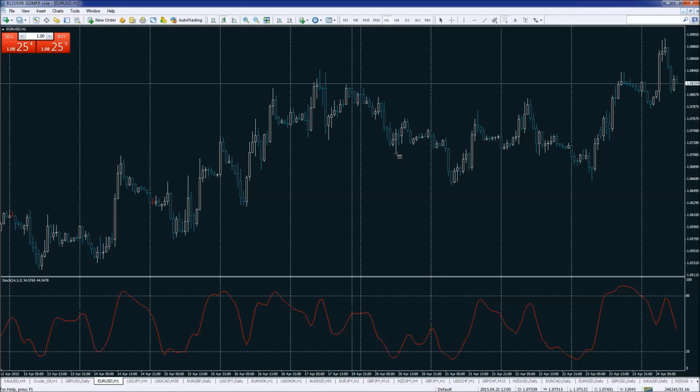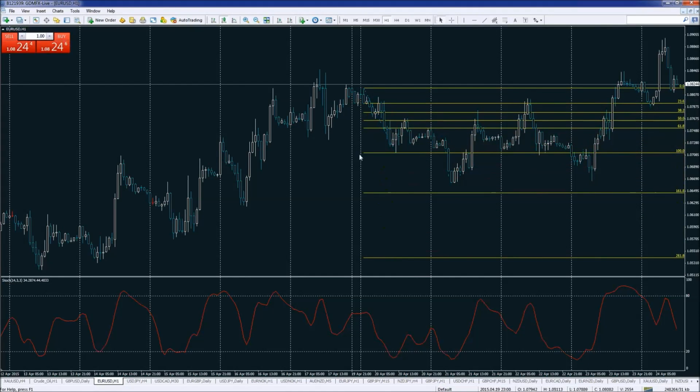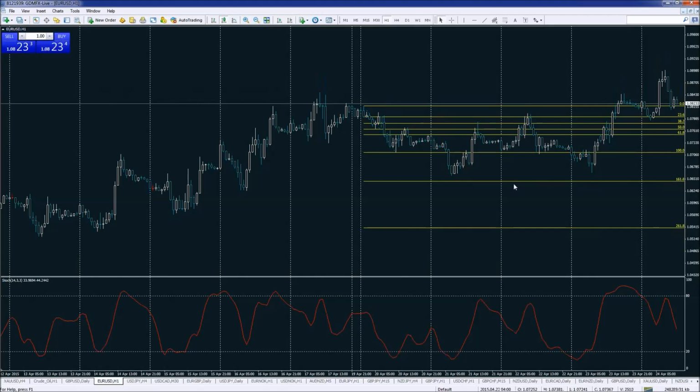So we're using the Fibonacci, as we know that it's a downtrend here for this particular day. The lowest point was here. So we're dragging the Fibonacci up to the highest point, and what we're getting is actually the levels spreading in the direction of the previous trend.